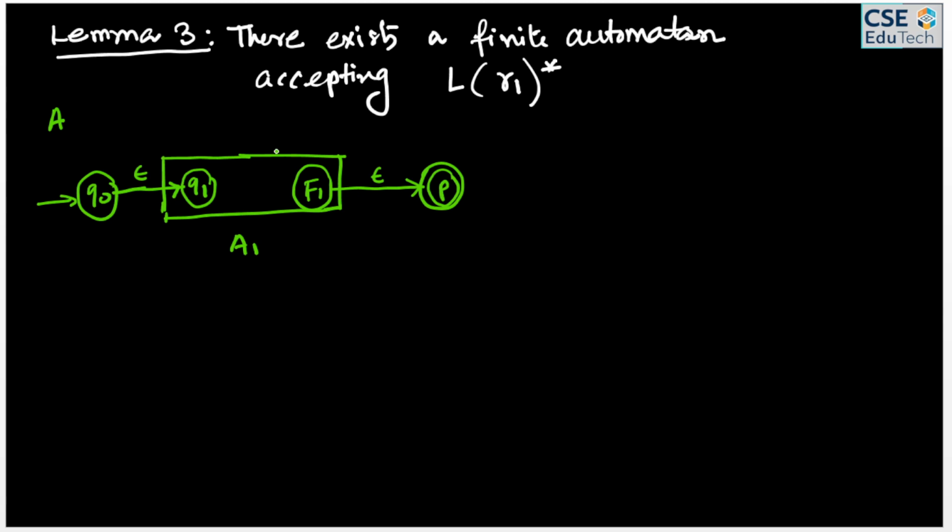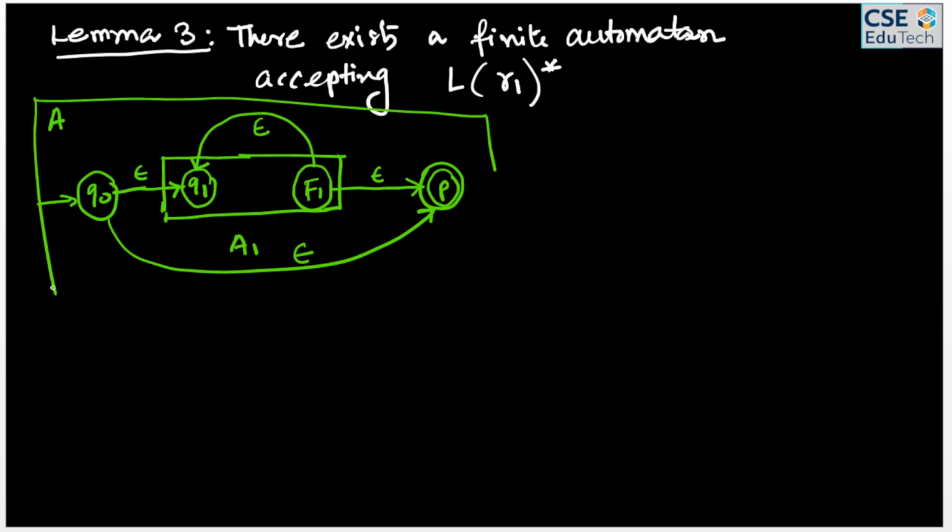And there is a repetition, that means from Q1, after processing this, you go to F1, then again go back to the state Q1 through epsilon moves. And to accept epsilon, there will be a transition from this initial state to the final state through an epsilon move. Now this is basically the final diagram, the new automaton which accepts R1 star.